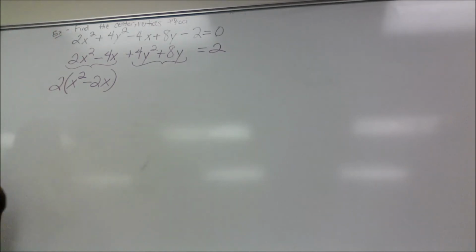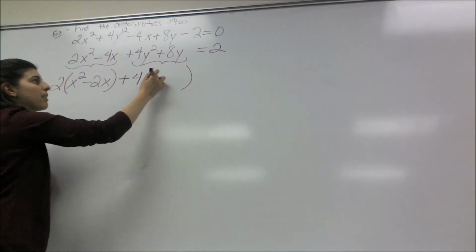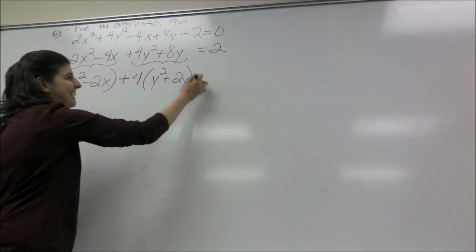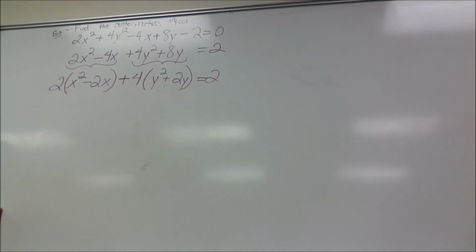You haven't completed the square yet. You just factored out a number in front. Okay, let's do that with y as well. What should I factor out of y? A 4. So I'm going to pull a 4 out in front, and that's going to leave me with y squared plus 2y equals 2. I've done that.